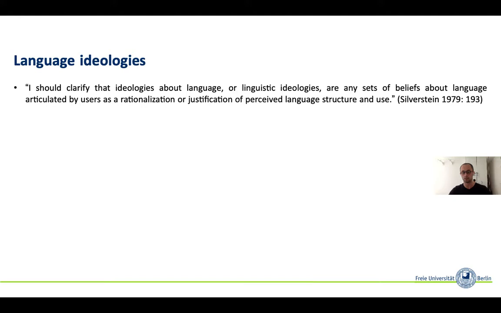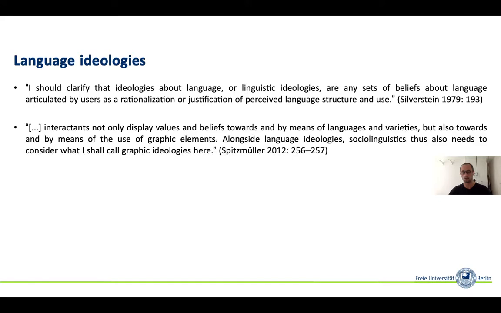And these connotations then tap into language ideologies. Language ideologies don't have to be something very complicated and constructed on the state level, but when we in sociolinguistics talk about language ideologies, we mean basically any set of beliefs about languages.